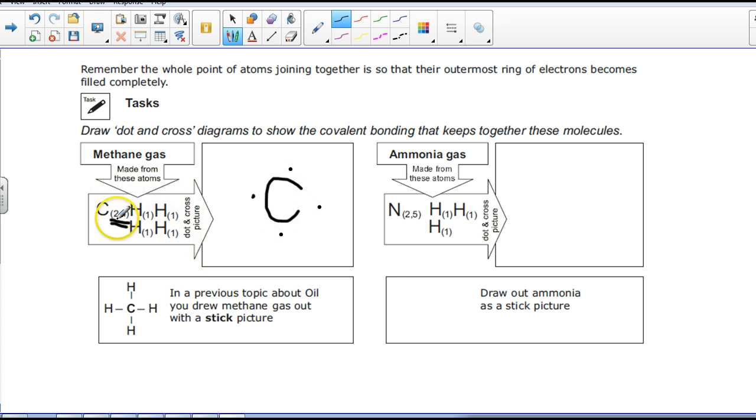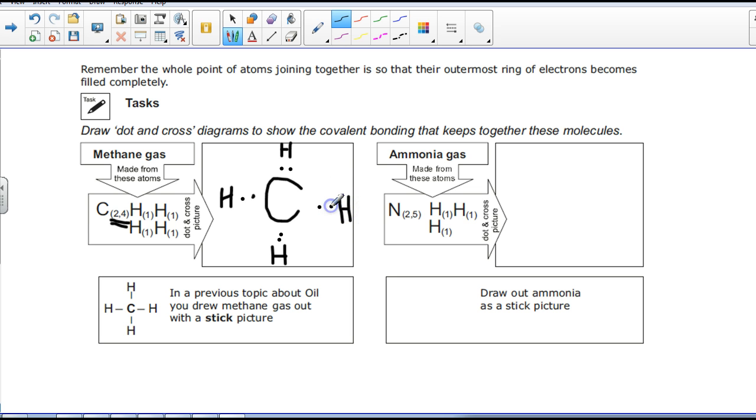And then it shows that we have 4 hydrogens that it's going to bond with. Hydrogen, notice, has an electron configuration of just 1 electron. So hydrogen is going to have just 1 single electron. As I'm drawing in my hydrogens, I'm going to put those electrons right next to each other, because that's what's going to form our covalent bonds.